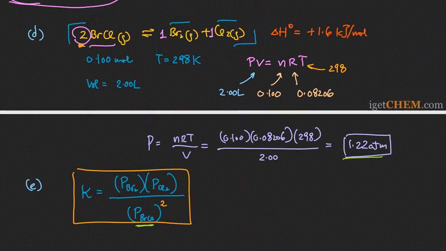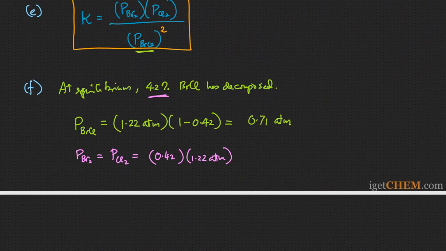But since the stoichiometry is 2 to 1 to 1, each one of them is just one part, so you divide that by 2.